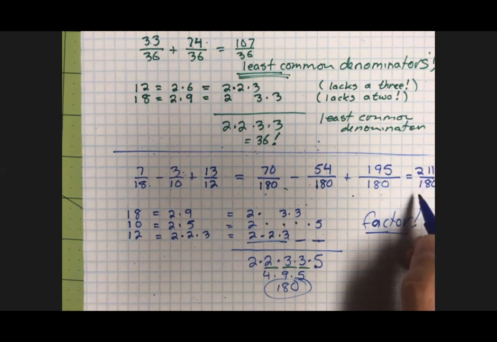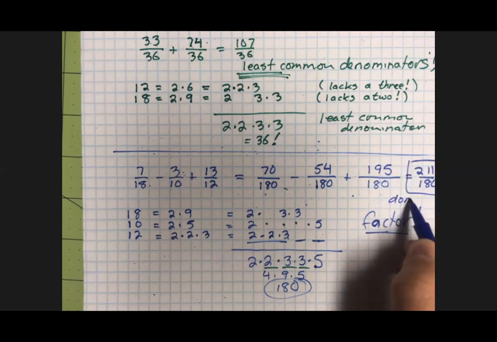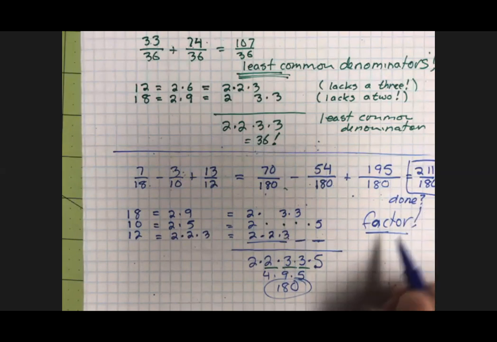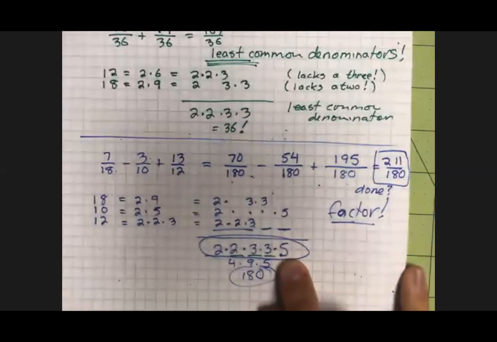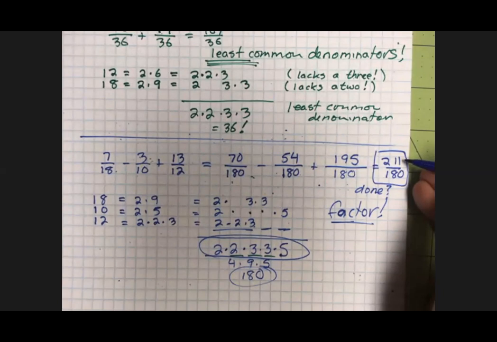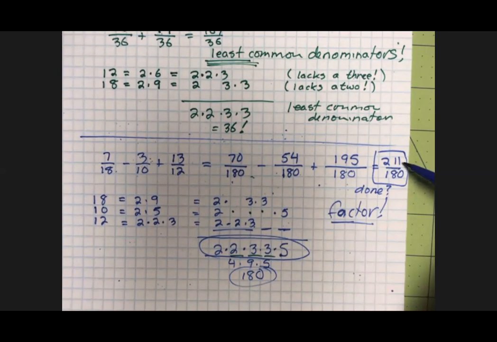Now, do I know whether I'm done or not? Am I done? But check this out. I know that 180 is made out of 2s, 3s, and 5s. So, are there any 5s in 211? Nope. So I can't cancel 5. Are there any 2s in 211? No, 211 is not an even number. Are there any 3s in 211? Does 3 go into 211 evenly?